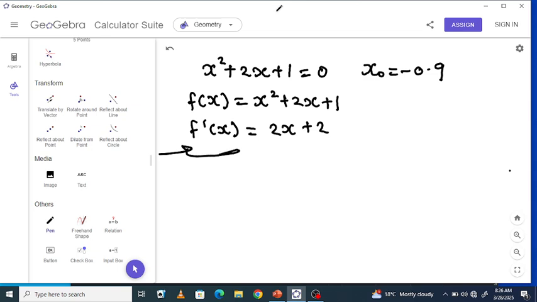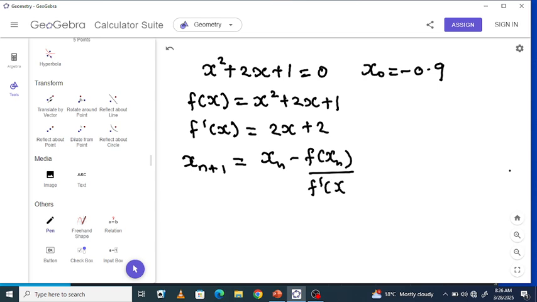Our Newton Raphson formula states that x of n plus 1 is equal to xn minus f of xn over f prime xn. We have already been told our x naught, we have our f of x, our f prime. But now there is one thing here.